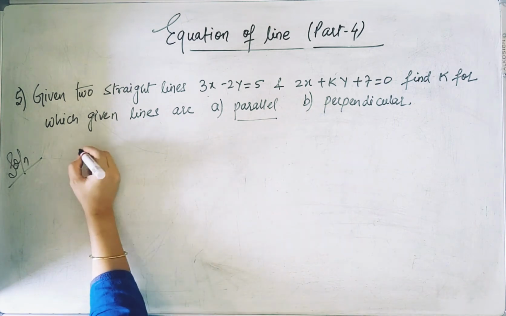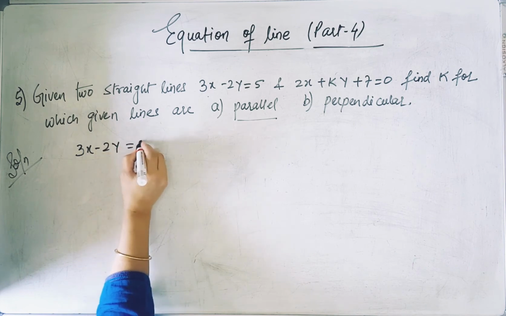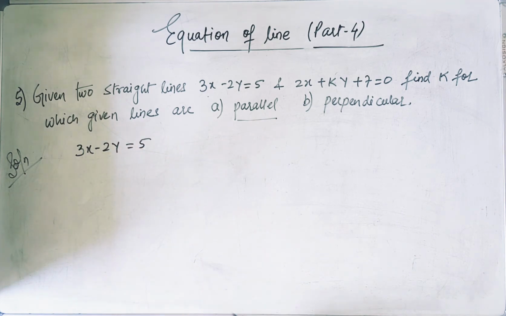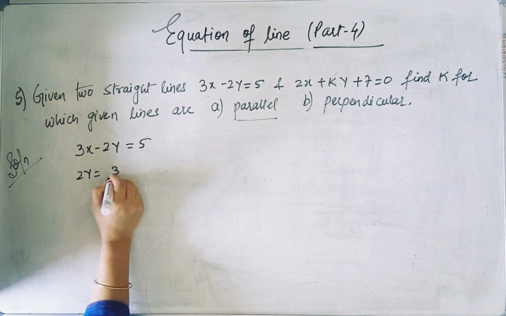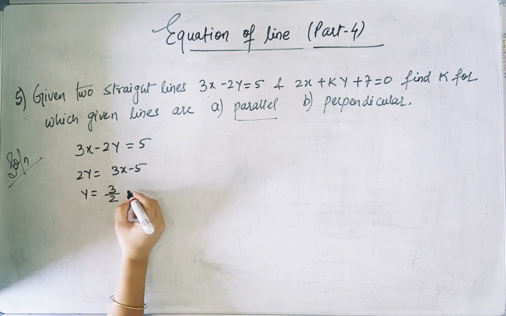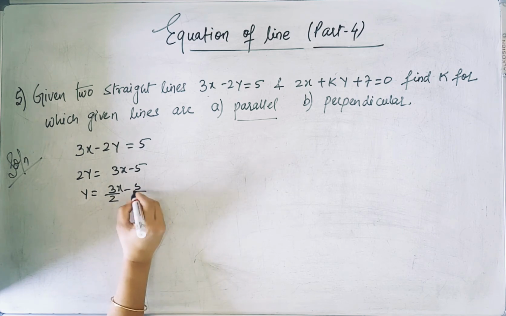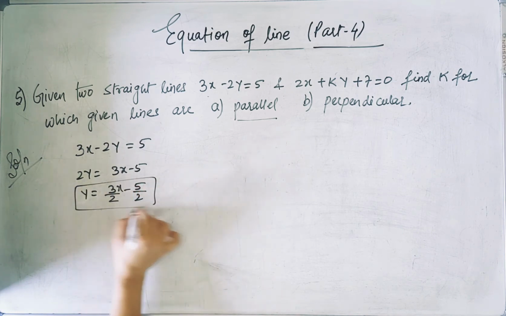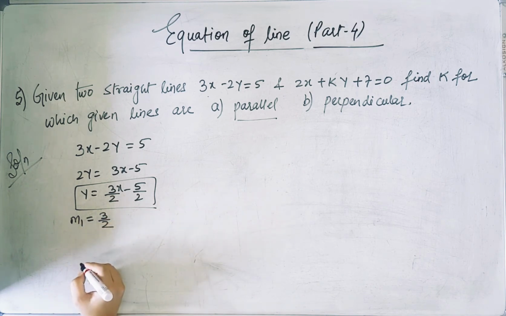So first of all we'll reduce these equations to the form y equals mx plus c. The equation is 3x minus 2y equals 5. So 2y equals 3x minus 5, thus y is 3 by 2 x minus 5 by 2. So for this, m1 is 3 by 2.